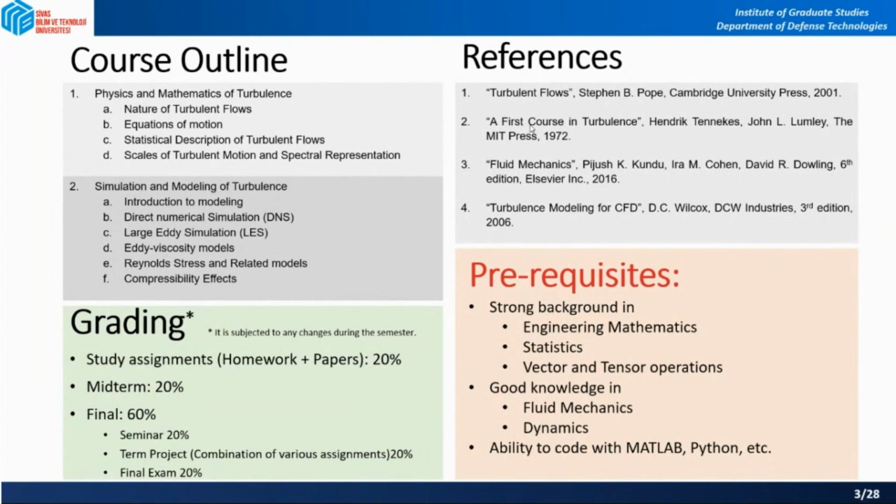Other than that, most applications in mechanical, aerospace, and chemical engineering involve high Reynolds numbers. So directly solving the Navier-Stokes equations for high Reynolds number flows is not easy.